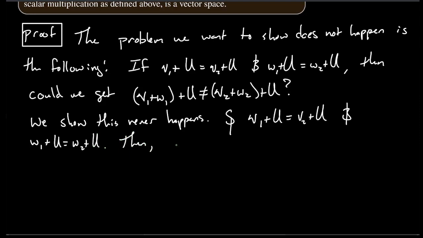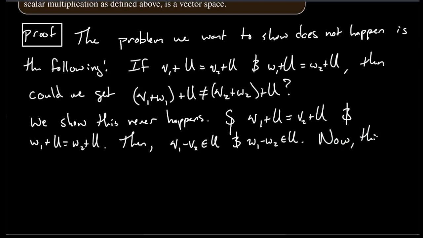From this, we immediately get that v1 minus v2 is in u, and w1 minus w2 is in u. Okay, cool.